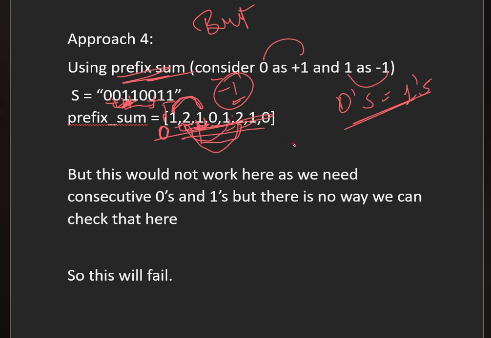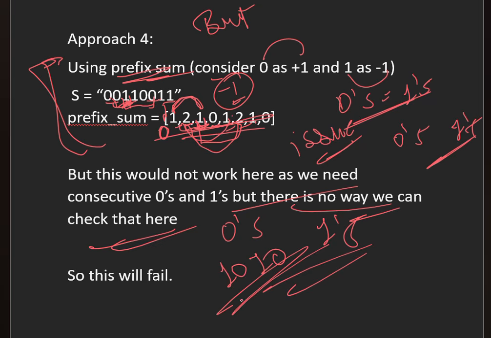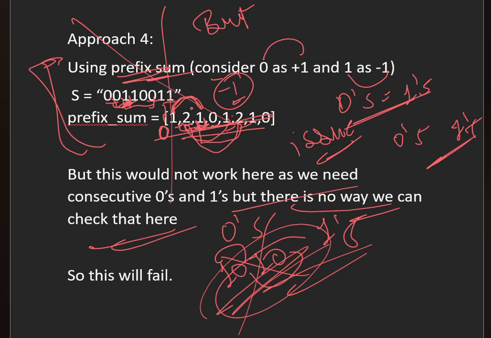But the issue we are facing here is, in our question we are also asked that all the zeros and all the ones are grouped together, but in this approach there is no way we can find whether those zeros and those ones are grouped together or not, because 1010 will also be an answer, but see these zeros and these ones are not grouped together, so that's why this approach has failed, right?